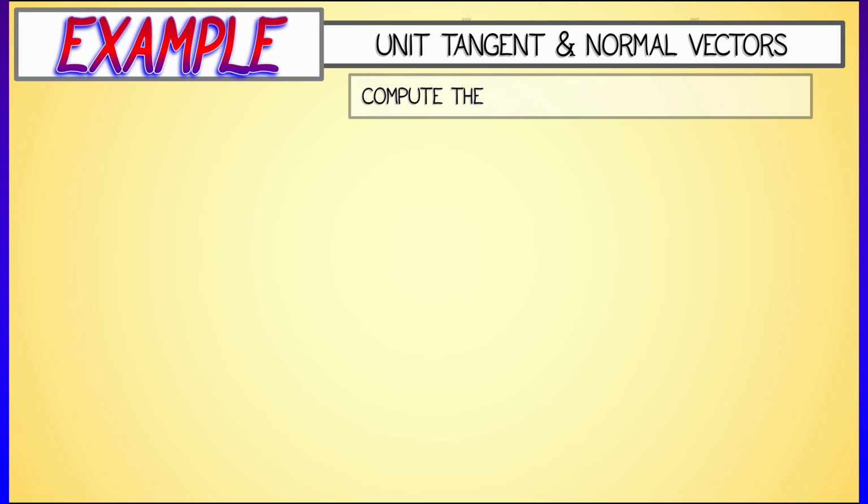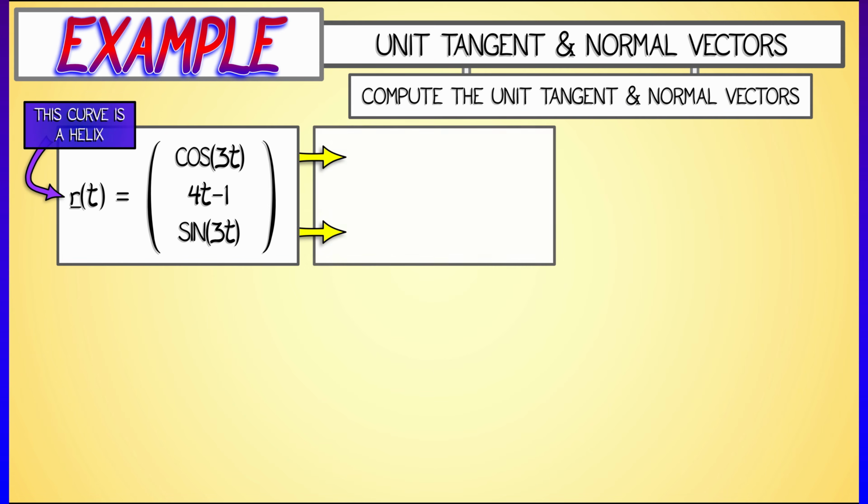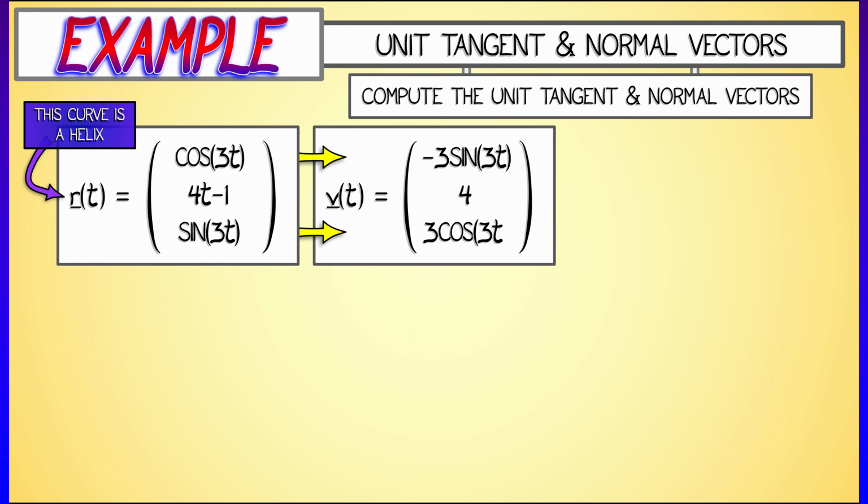Let's see how that works in a particular example where I give you the position vector of a curve. So r of t is cosine 3t, 4t minus 1, sine 3t. This particular type of curve is really interesting. It's called a helix, and this helix is opening up along the y-axis.